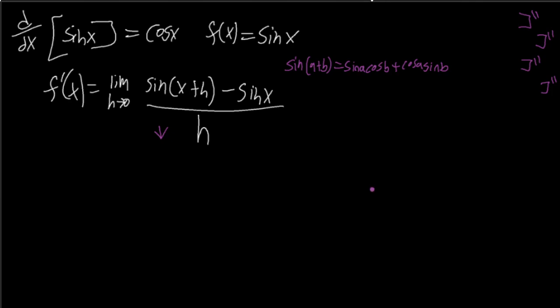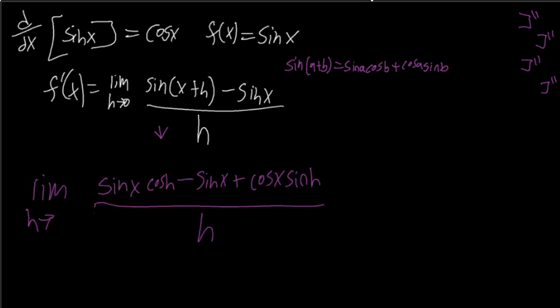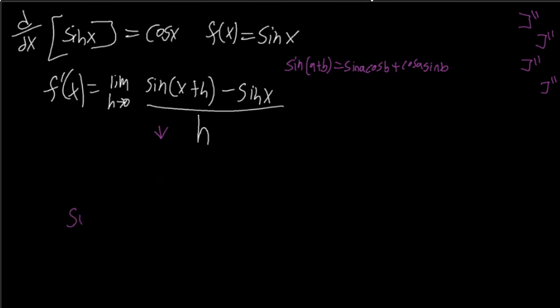Alright. Rewrite it one more time. So this, we factor it out. So factor out the sine x. So sine x outside the parenthesis of cosine of h.